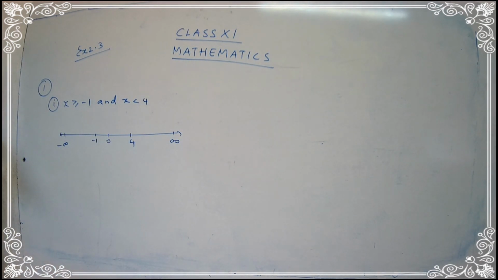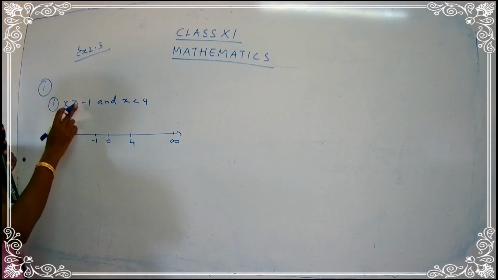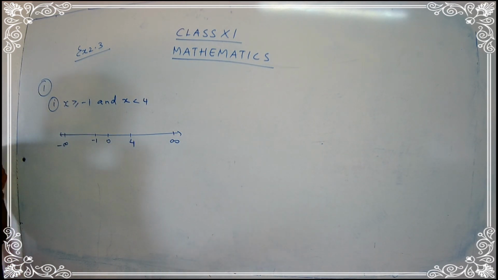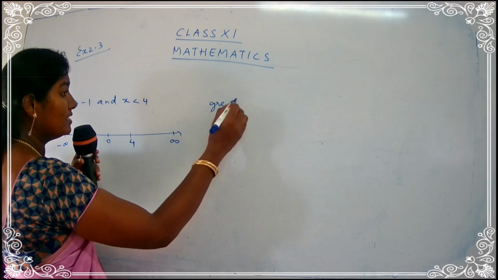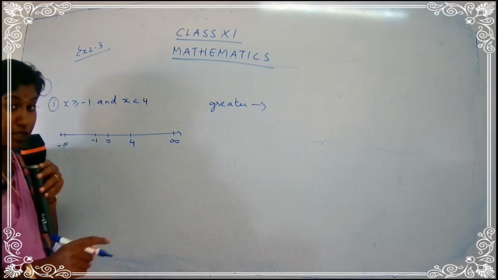Okay, now we are going to find out the intervals where this value is going to lie. Let's go for the value part. Say, children, x is greater than or equal to minus 1. I have told you in the previous class, if it's a greater than sign, go to the right side. Which direction are you going to move?